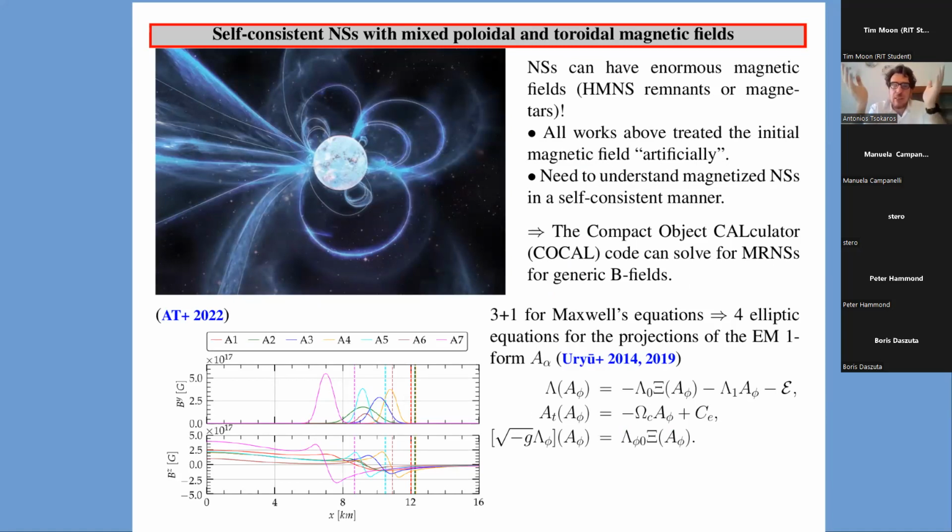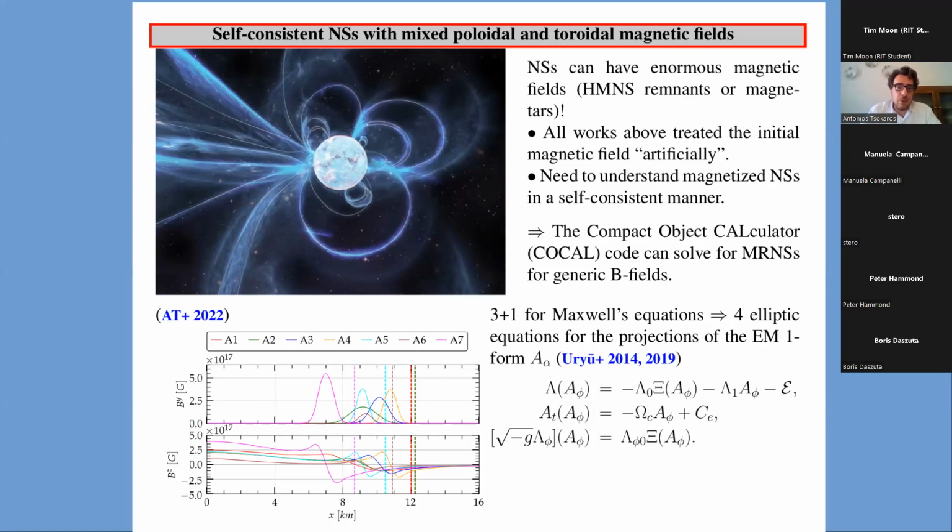So in order to understand better extremely magnetized and strongly gravitating matter, we want in the future to do this self-consistently. And we embarked on a program with our compact object calculator code to solve for this kind of magnetized neutron stars with generic magnetic fields.